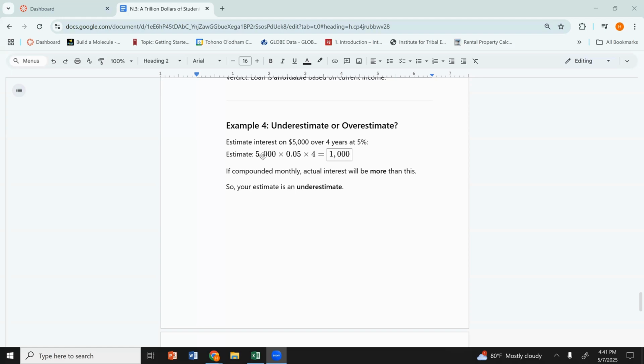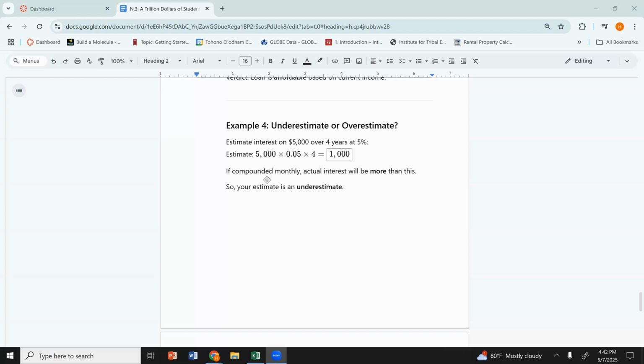If this is applied monthly, let's say you divide by the number of months in that 4 years, so that every month there is an interest that you need to pay throughout that 4 years, you will see that the interest will compound.